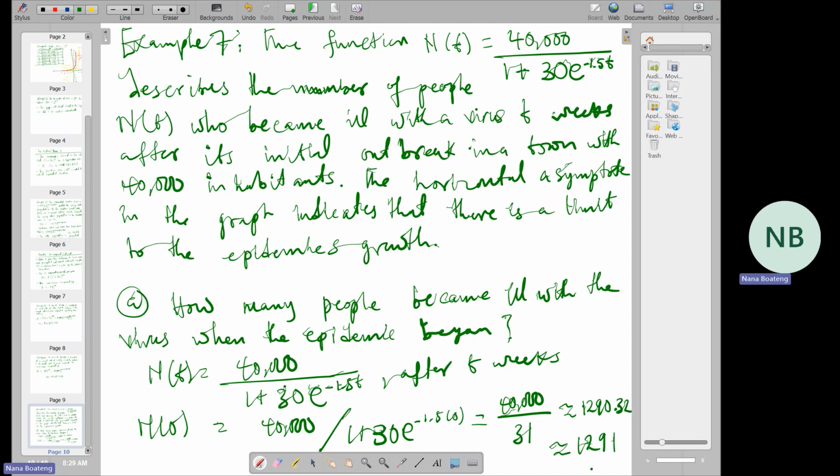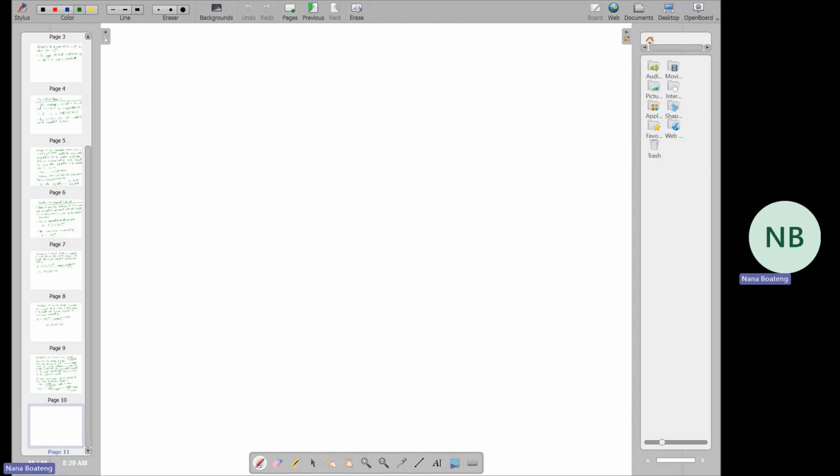So this will be the number of people who became ill when the epidemic began, that is at the 0 week. And B, it says how many people were ill by the end of the 4th week.